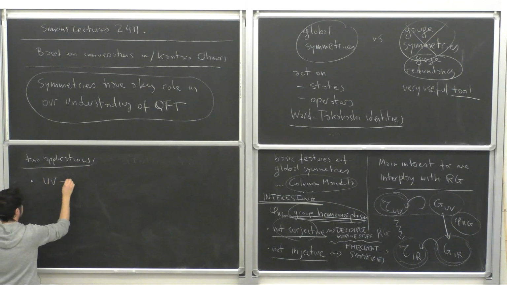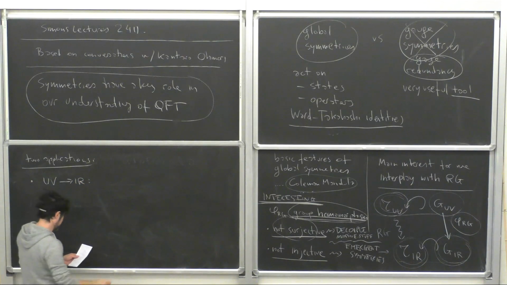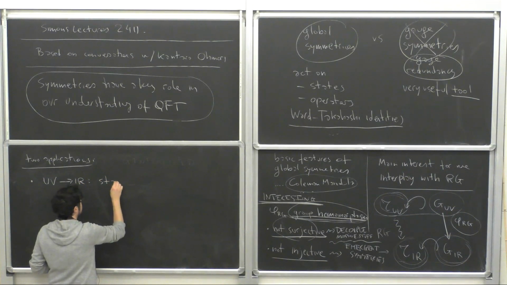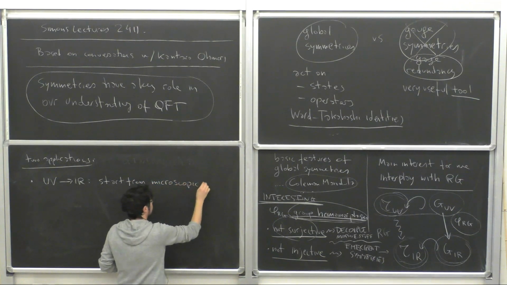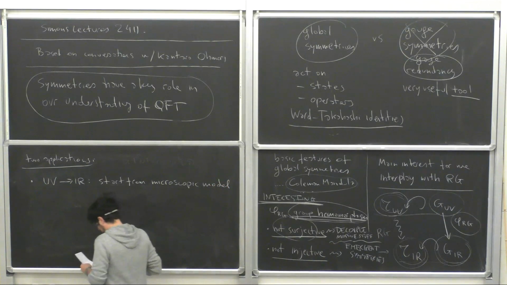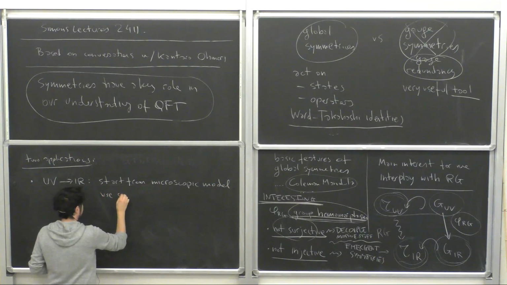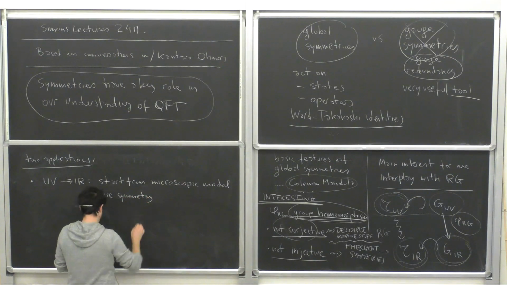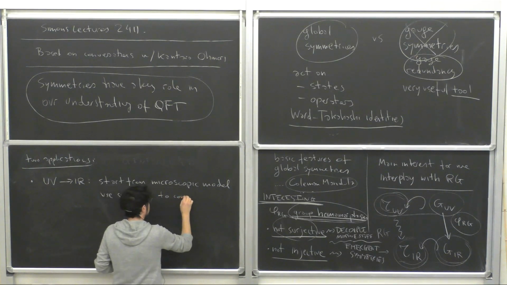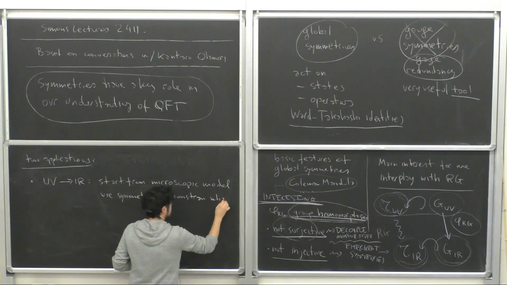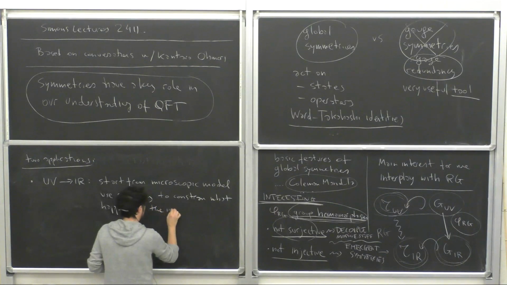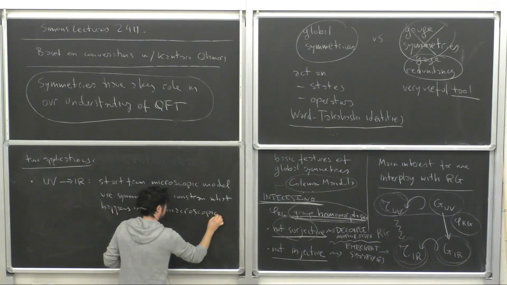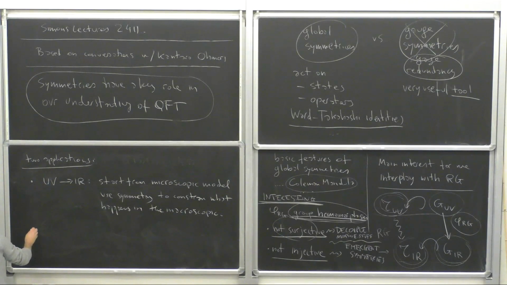A UV to IR application, which is that you start from your microscopic model and use the symmetry to constrain what happens in the macroscopic. Which is essentially what we do whenever we do particle theory.